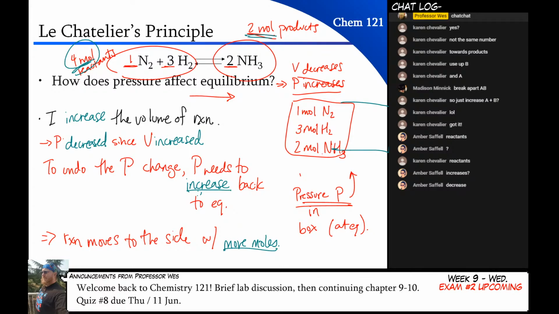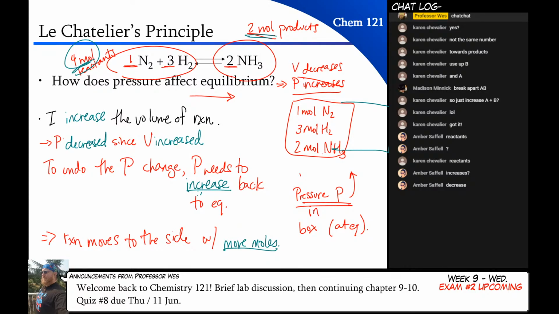Okay, so that's the takeaway. If you change the reaction such that the pressure goes up, the reaction will respond by alleviating the pressure. The pressure will shift the reaction in the direction that has fewer moles. If I decrease the pressure, the reaction will try to fill that gap.